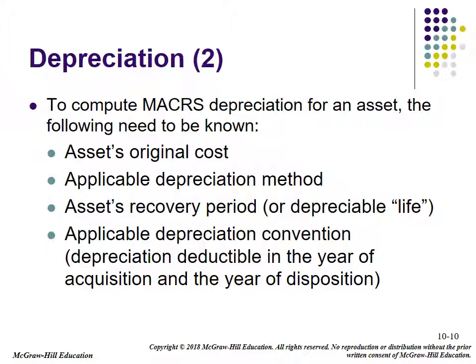It's defined in the tax code, so you'll be told the life of the asset depending on what you purchase. And then the applicable depreciation convention: for personal property we use half-year convention or mid-quarter convention, and for real property, your buildings, mid-month. So we'll talk about what that means.